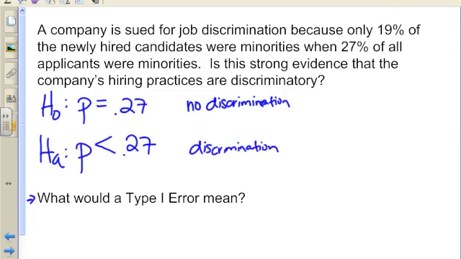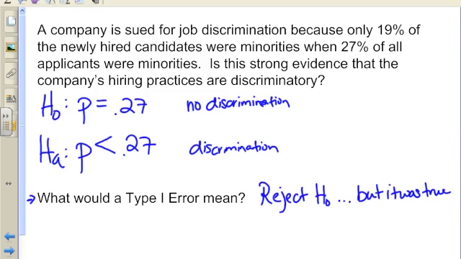Not cool, guys. So what would it mean if they'd made a type 1 error? Well, a type 1 error means we reject the null, but that would be a mistake we shouldn't have made. But I've got to explain what it means in context, okay?